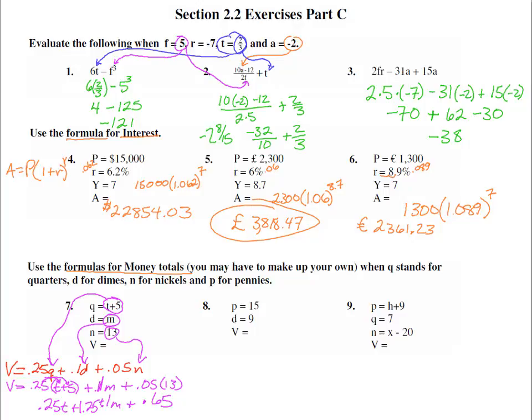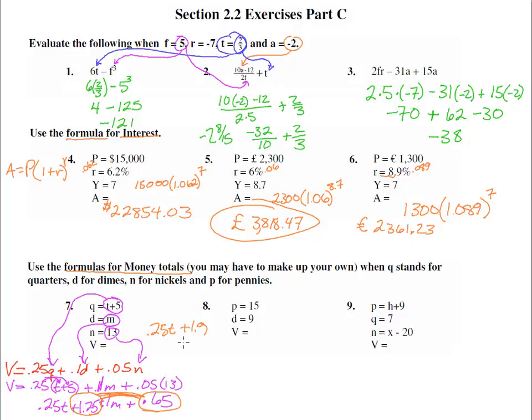Now we can combine things that are alike. So we get that V is going to be 0.25t, 1.25 and 0.65. Those guys can add together. They're like terms. 1.25 plus 0.65 is 1.9.